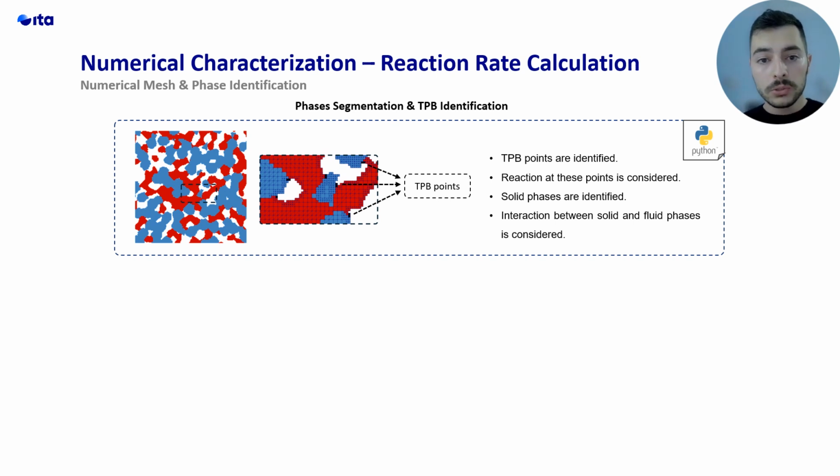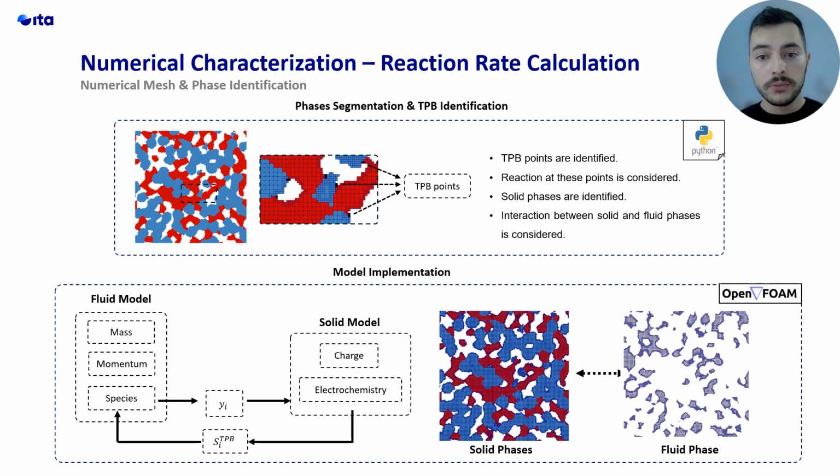And we are also able to identify these triple phase boundary points, which are the points in which the reaction is taking place. As I said before, we are considering models for both fluid and solid phases, and these models are coupled. That means that the fluid results are mapped to the solid phase, and the ones from the solid are mapped to the fluid. Finally, as you can see in this image below, we have a numerical mesh for the solid and the fluid.